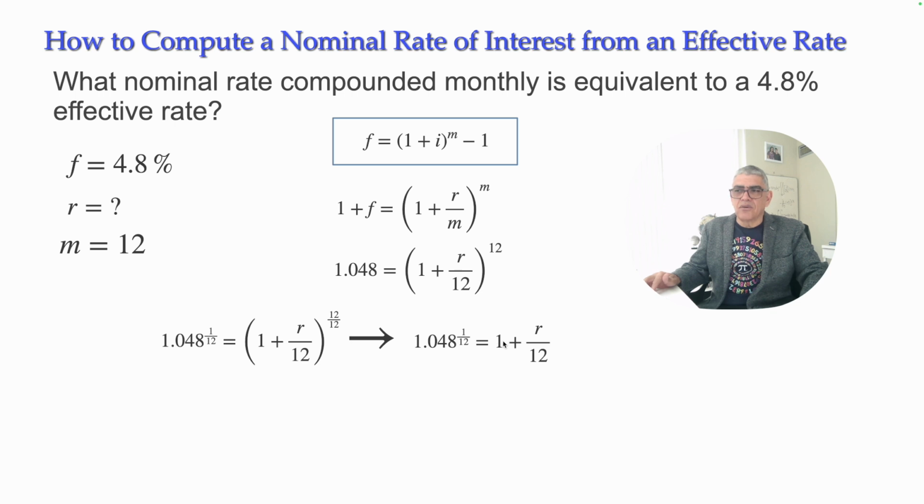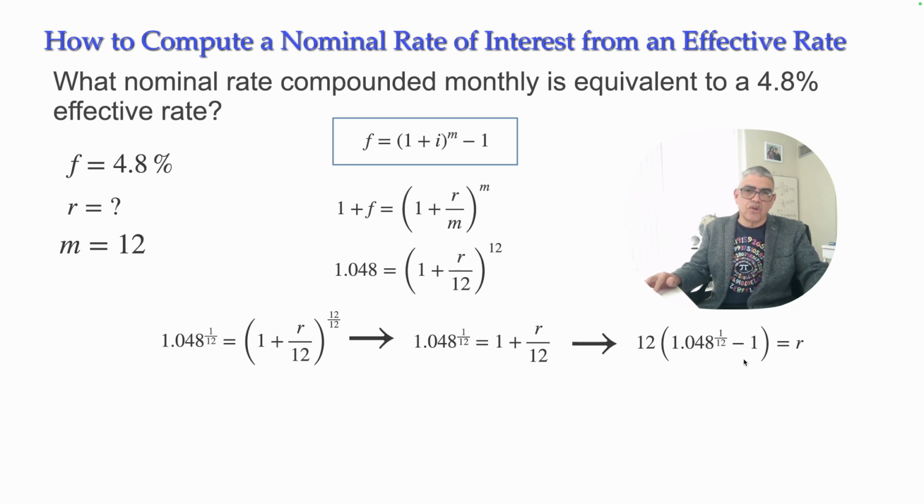And now, this 1 that is positive can be written on the other side as negative. This 12 can be written on the other side multiplying everything. So solving for R, you get that R will be equal to (1.048 to the power 1 over 12 minus 1), everything multiplied by 12. So this 12 is now multiplying on the other side. This 1 was first going to the other side, subtracting, so minus 1.